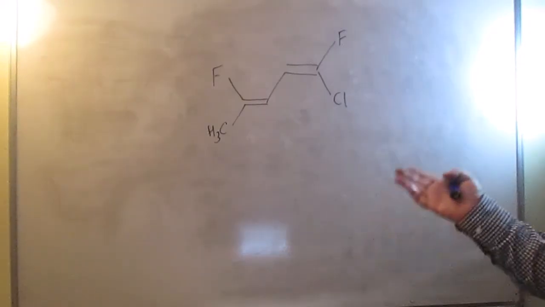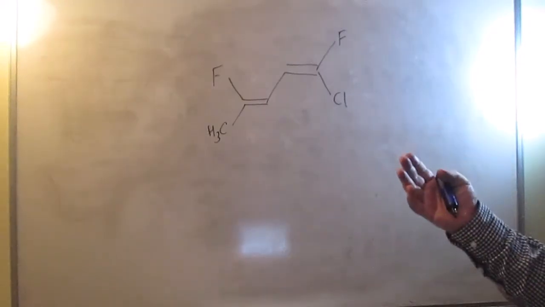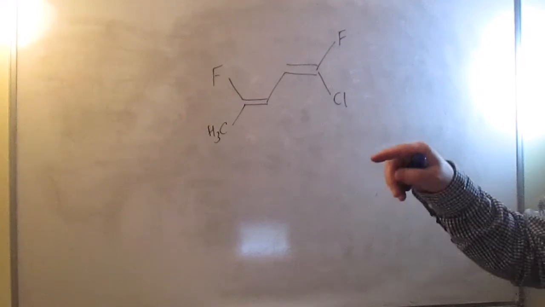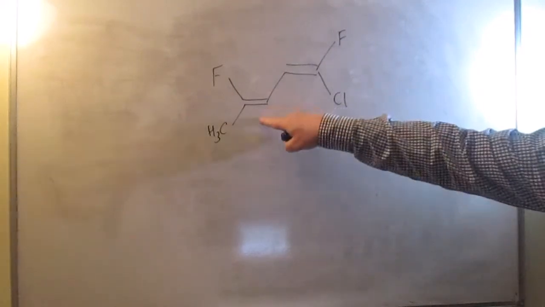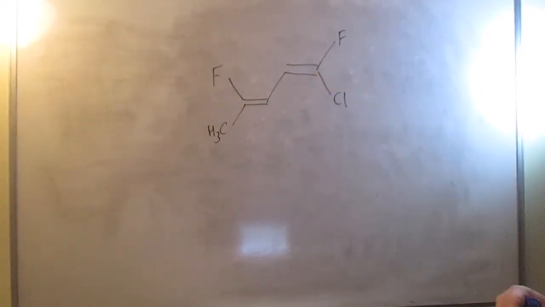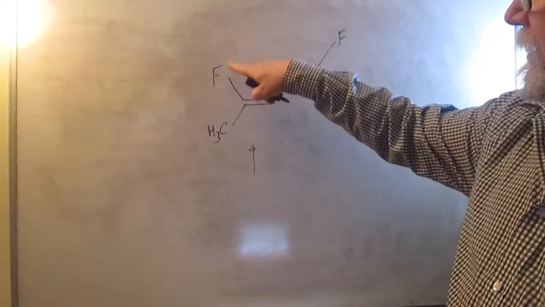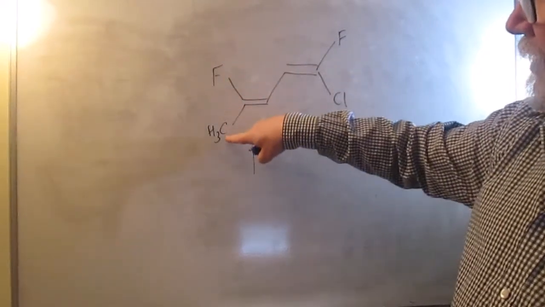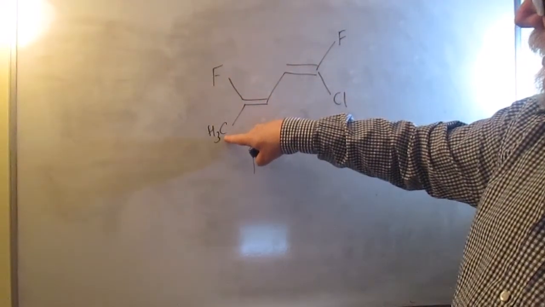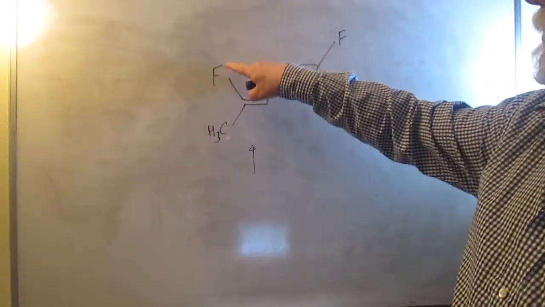Okay, so question 18, we have to use the Cahn-Ingold-Prelog rules to assign E/Z configurations to each of these alkene groups. So if we focus on this one first of all, the left-hand one, at this end of the double bond you've got carbon with atomic number 6, fluorine with atomic number 9.